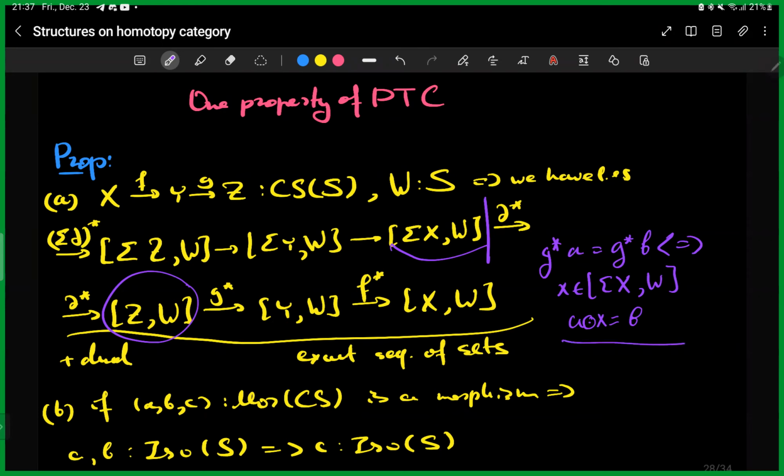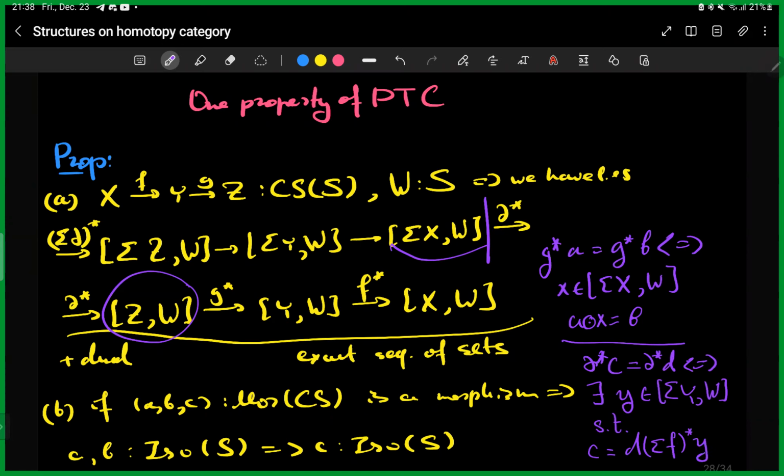And another condition is that d upper star c is equal to d upper star d if and only if they also lie in the same orbit, but this time with respect to the action of the previous group. So there exists an element of this group such that we have this.